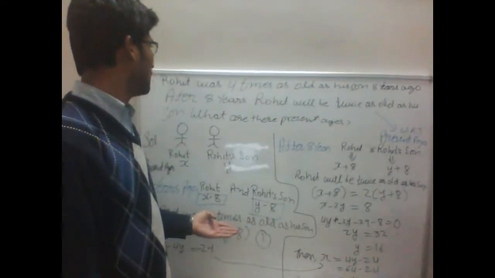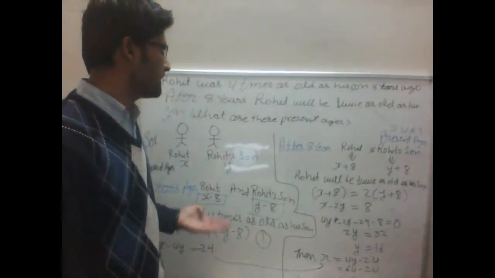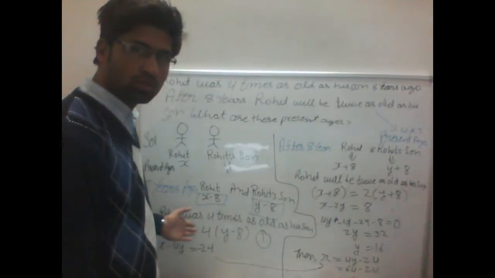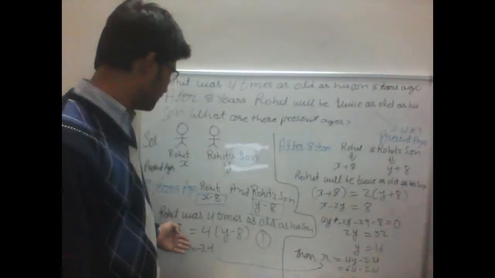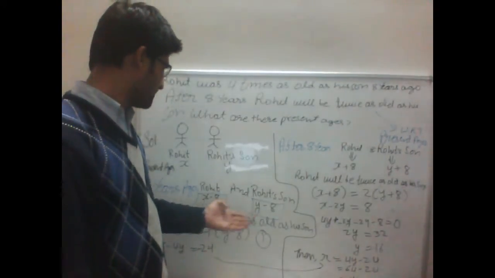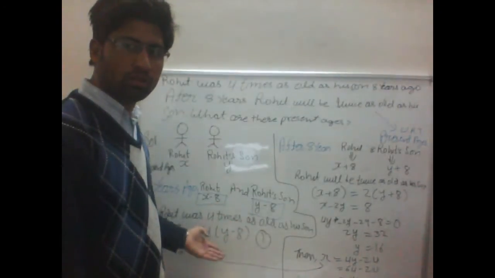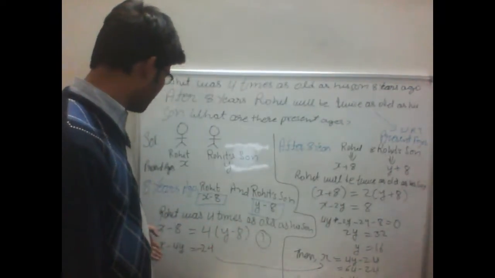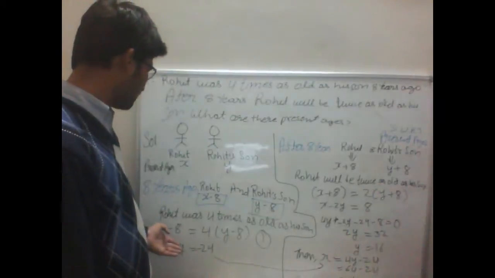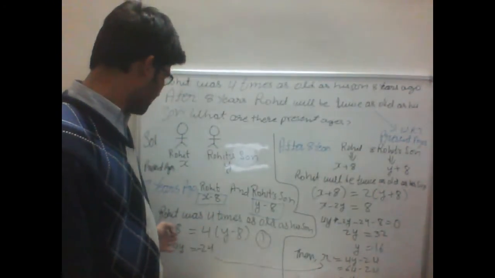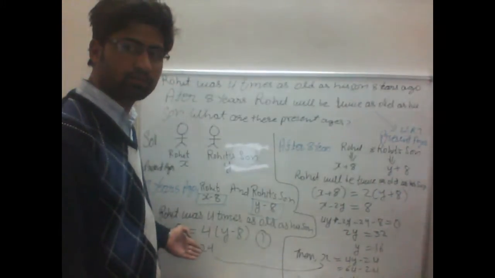What is the relation? Rohit was 4 times as old as his son. Where is Rohit? X minus 8, equal to 4 times Y minus 8. From this equation we get X minus 4Y equals 8 minus 32, that is minus 24.